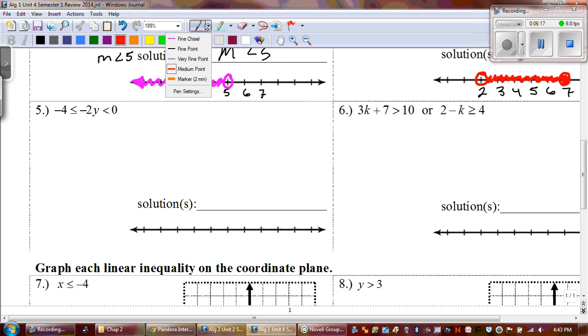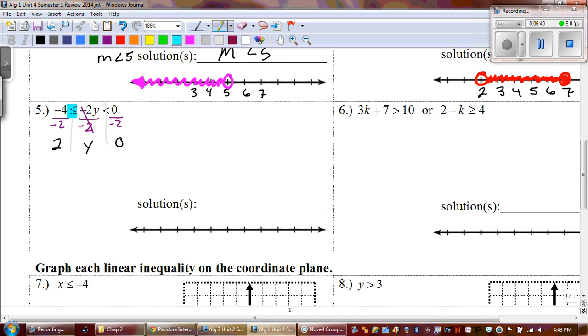number 5. Now, to get the variable by itself, we have to divide, and we're dividing by -2. -4 divided by -2 is 2. The y is by itself, and 0 divided by -2 is 0. Now, what did we divide by?